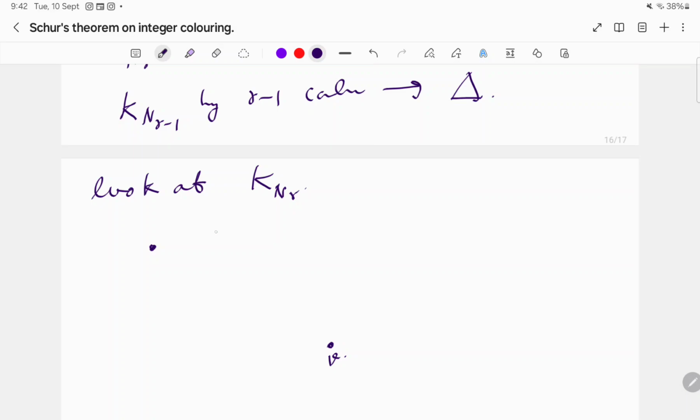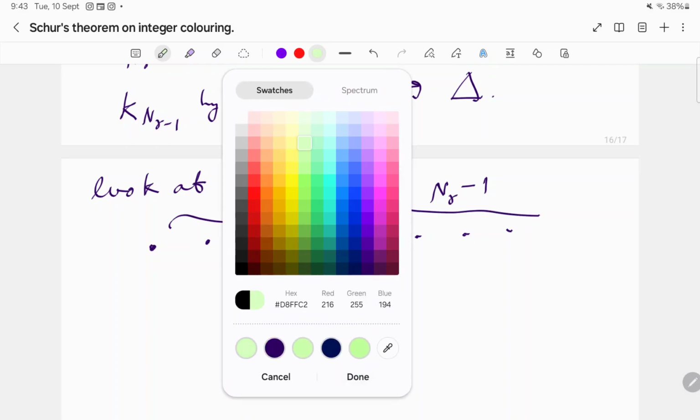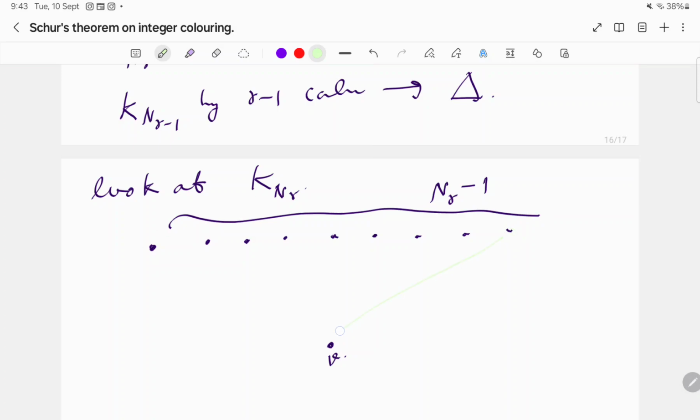There are N_R vertices, so surely there are N_R minus 1 neighbors for a particular vertex V. Each of these is connected to V by an edge, because this is a complete graph.